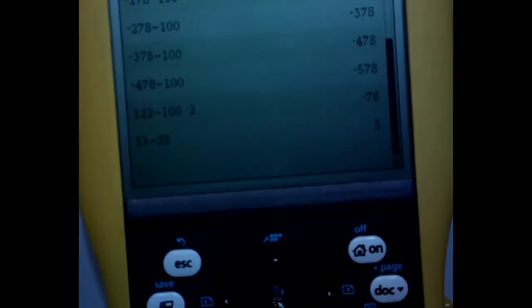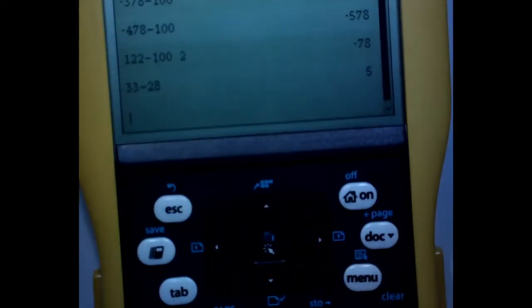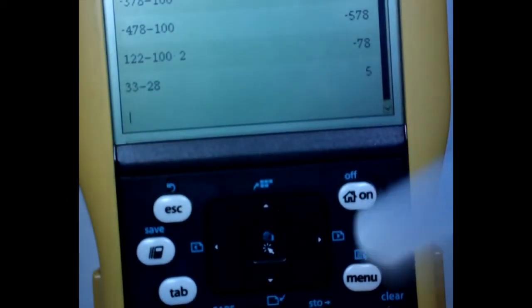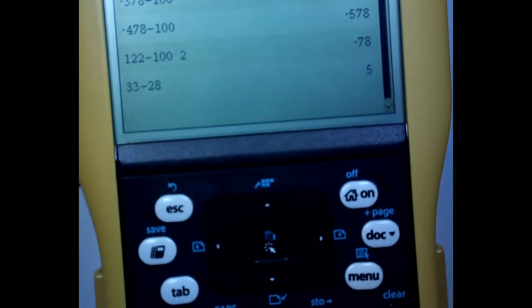Now, if I look at my calculator and I want to know the next couple of terms, I've got 28, right? I'm going to add 5 to that.